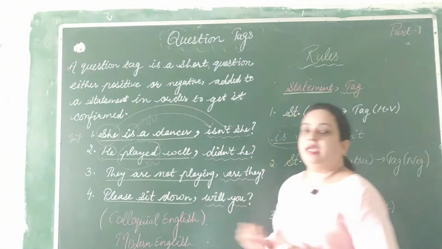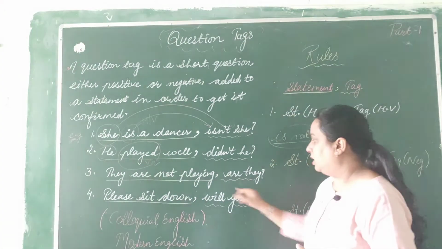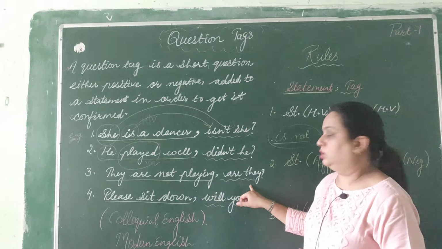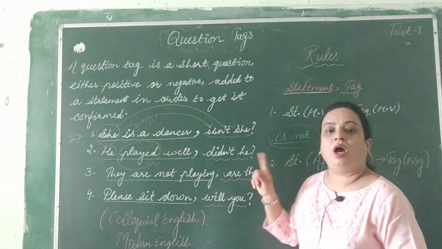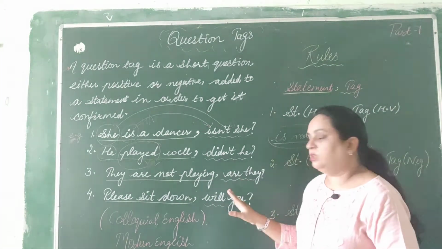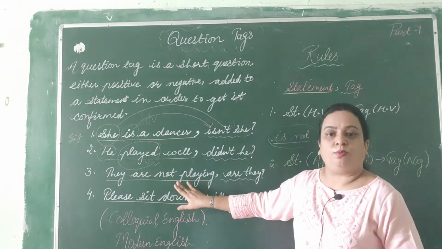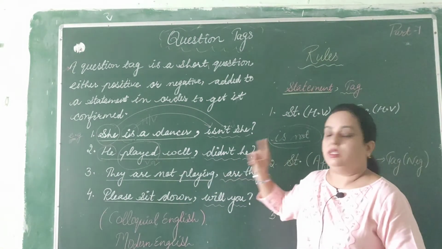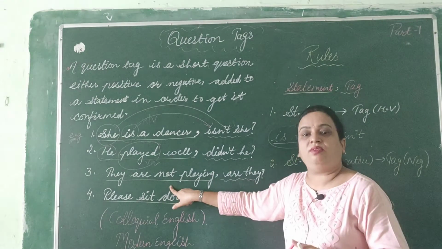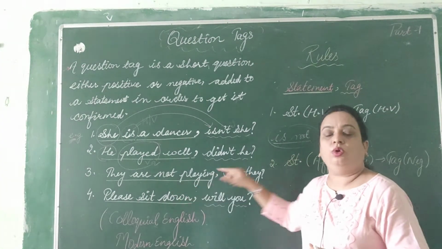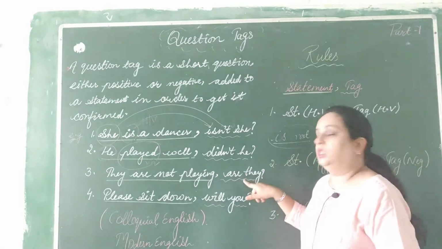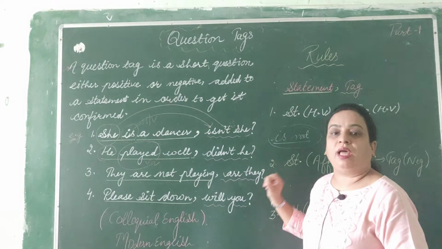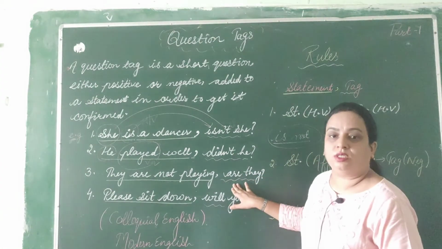They are not playing. They are not playing, and the question tag added to this is "are they". Now how is this happening? Because we said that if the statement is positive, we have to add a negative question tag, but if the statement given is negative itself, then vice versa: the question tag we add here will be positive, right?